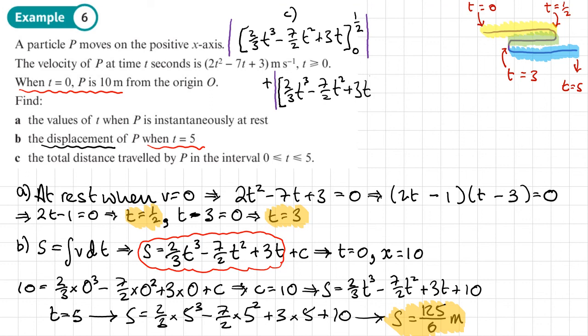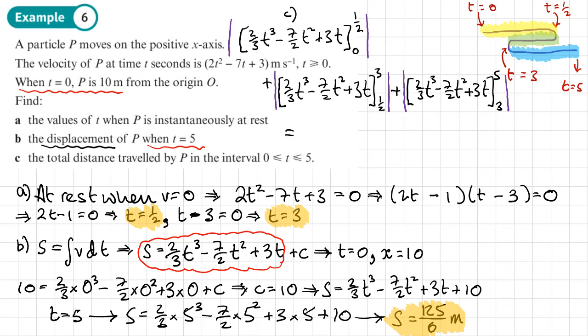But this time the limits are between a half and 3. So again, modulus sign. Then the last one, plus, last modulus. This is where we integrate between 3 and 5. Same expression again: 2/3 t cubed minus 7 over 2 t squared plus 3t. And our limits are 3 and 5. Again, the modulus.